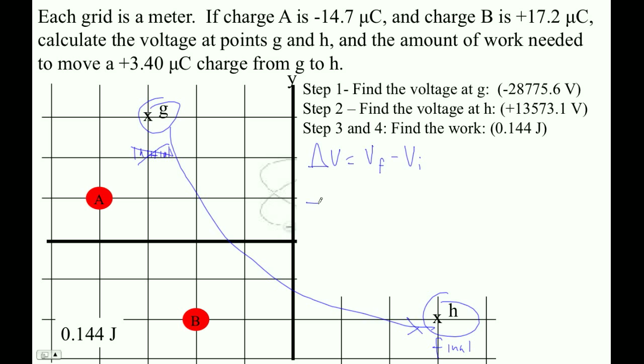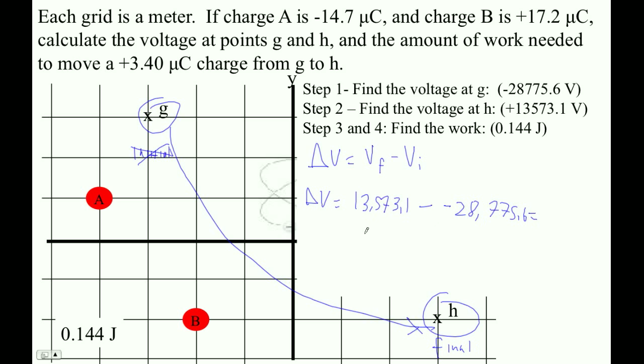So the delta V is 13,573.1 minus the initial, which is minus negative 28,775.6. So alpha H minus alpha G, I stored these numbers.